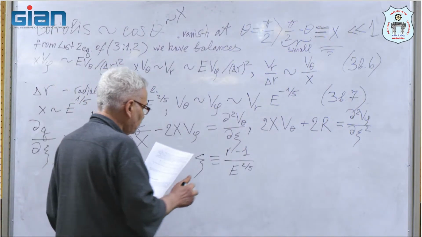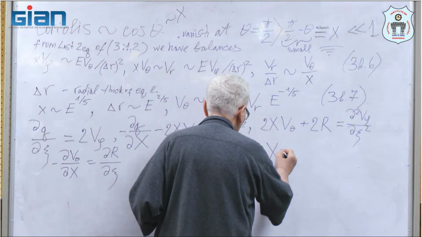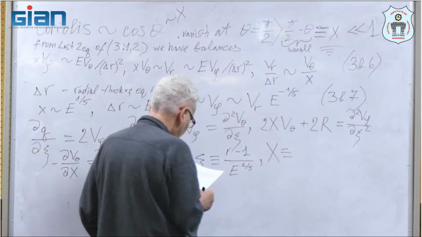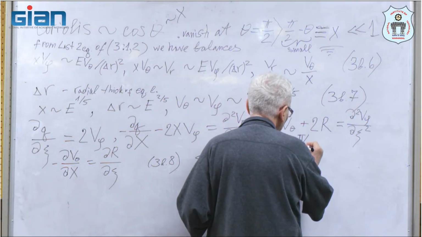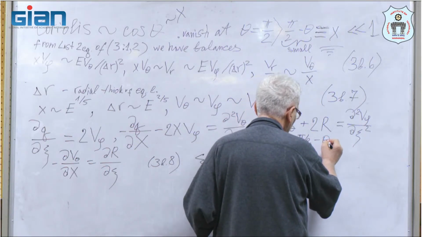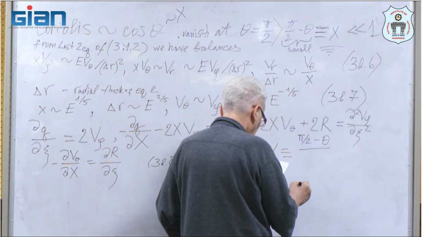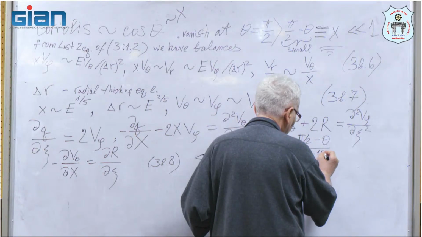And another stretched variable, capital X, is by definition, as already we wrote, P over 2 minus theta divided by e to the 1/5.